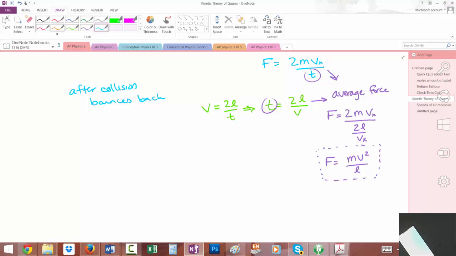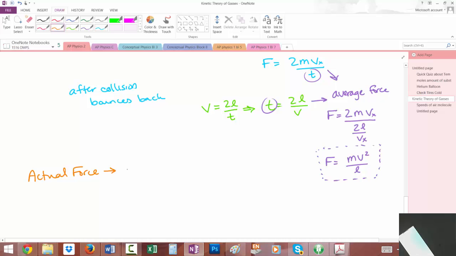If we talk about the actual force on a wall, let's see, we're going to do this one wall at a time, okay? The force on that wall is not just from one particle, but it's from all of the particles that have some sort of x component, right?